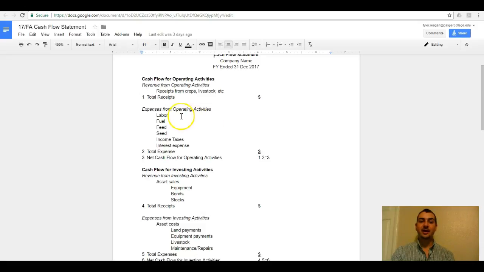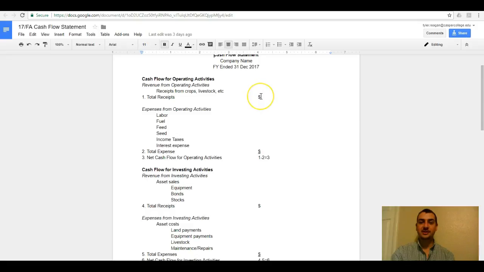After you get all of these in place, you need to add up the total expenses. Then you need to calculate the net cash flow from operating activities. You can see the formula down here: line 1 minus line 2 equals line 3.